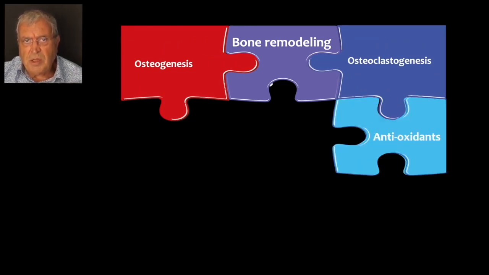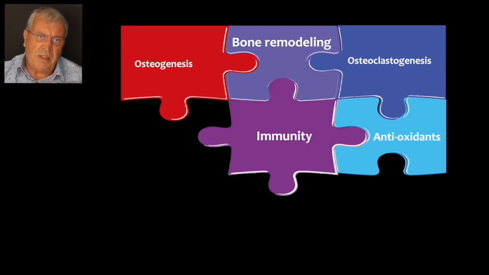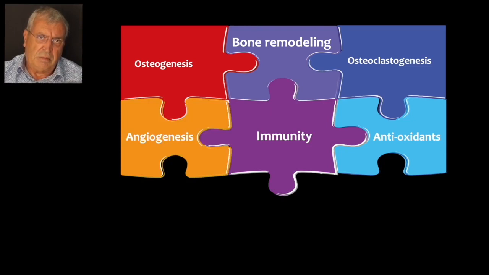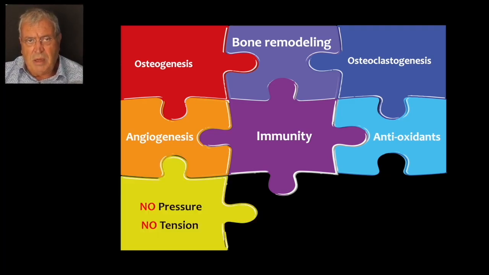Because with the antioxidant, we will get the immunity, and with the immunity, we'll get the vessels. Very simple. But please, when you get the vessels, don't kill them by a wrong protocol, forgetting pressure or forgetting tension.